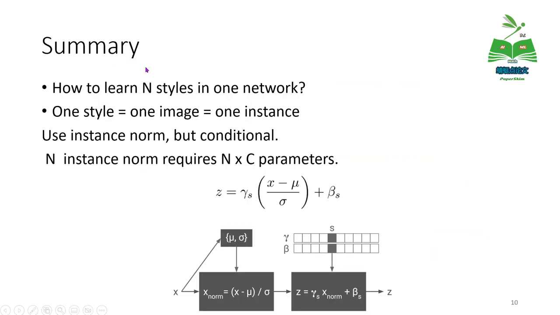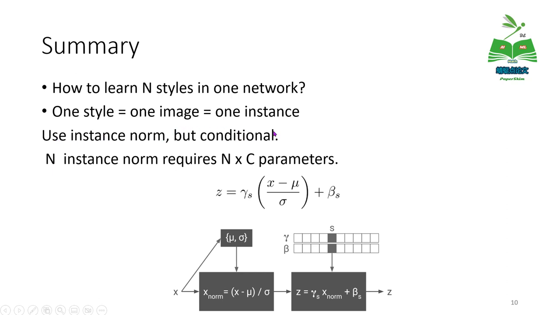Okay, summary. The baseline needs to train a network for each style, so we need to reduce n to one. How can we train n styles in one network? They propose a conditional instance normalization.